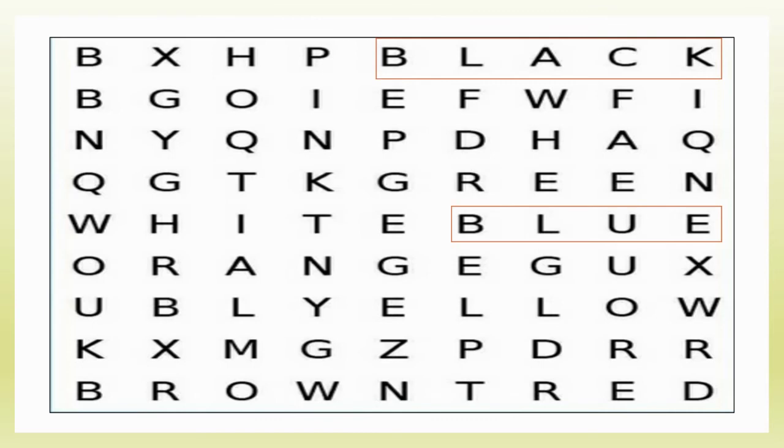And after that, the second color name I have also found for you. In the fourth line, the last 4 letters you can see BLUE, B-L-U-E. So, blue. These two words I have found for you. In the same way, you also have to find the names of the other colors from this puzzle.